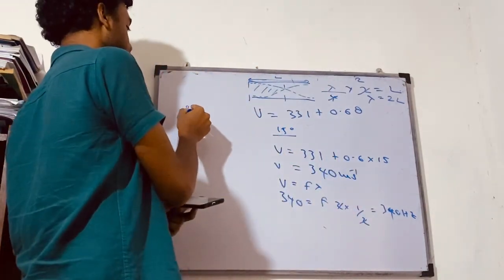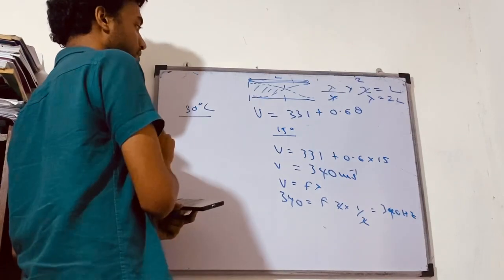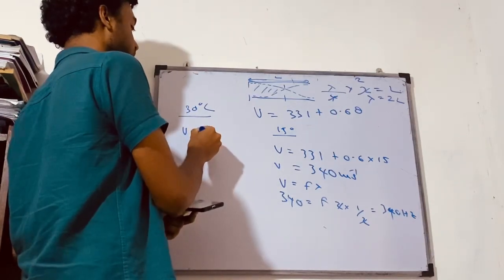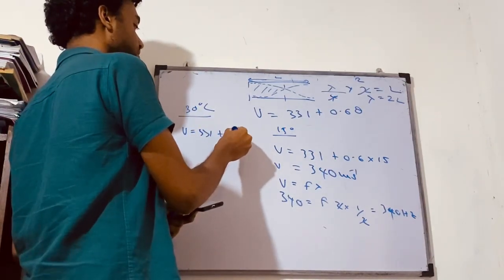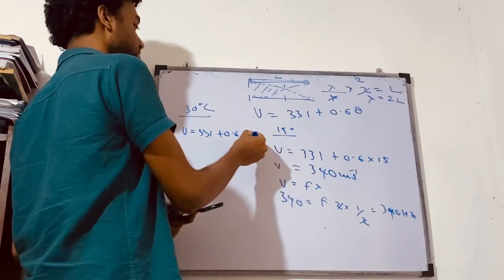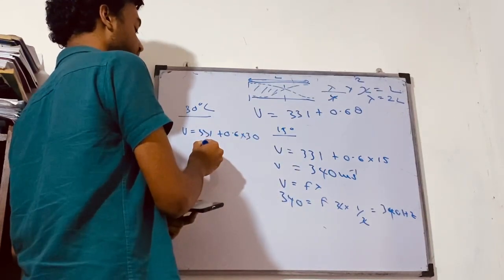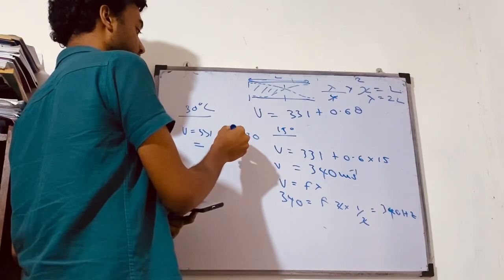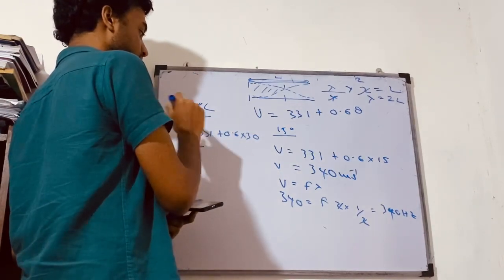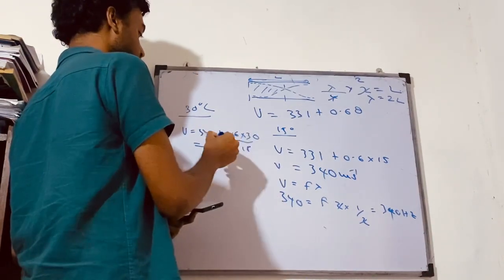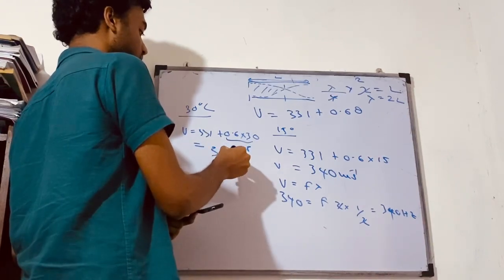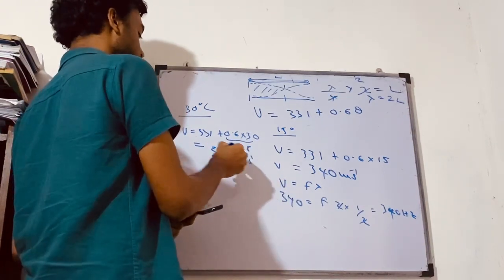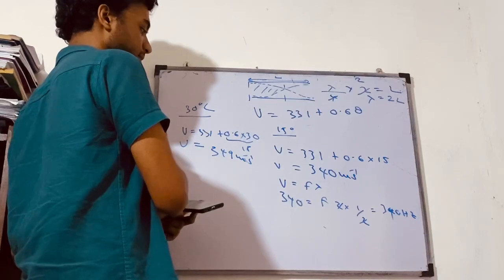The velocity is equal to 331 plus 0.6 times the temperature, which is 30. 0.6 times 30 is 18. Therefore, I get 349 meters per second.